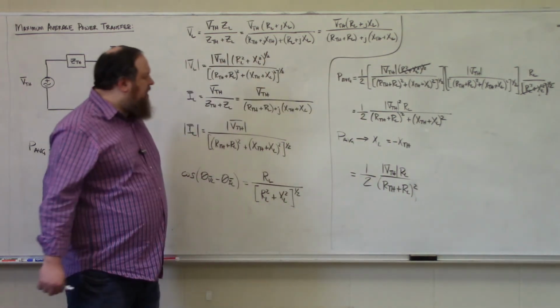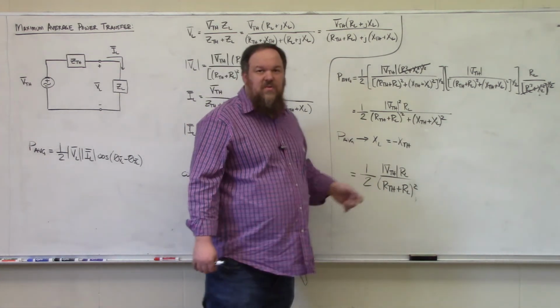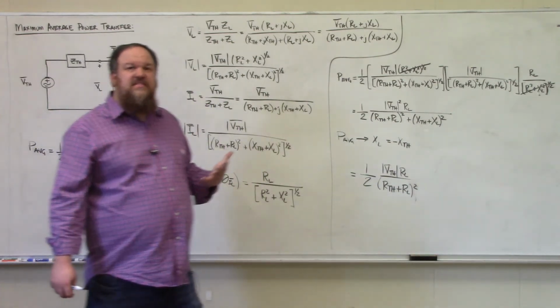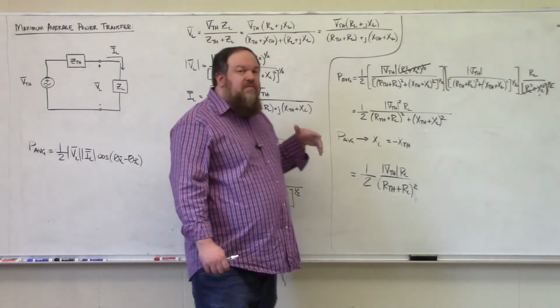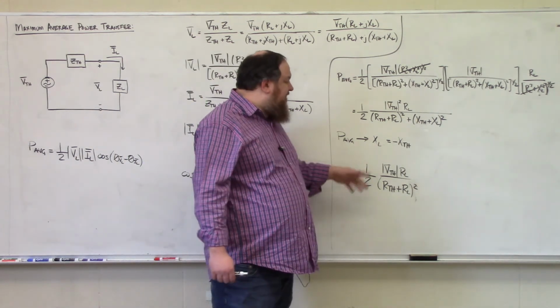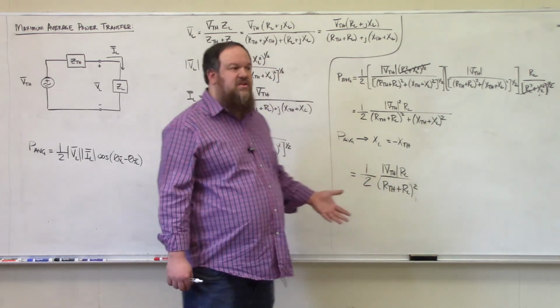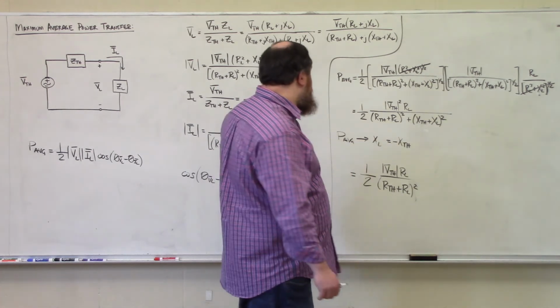Now, this may not look familiar to you, but this is actually, except for this factor of 1/2, the exact same expression that we maximized in our DC maximum power transfer theorem. For that case, we found that maximum power transfer occurred whenever RL was exactly equal to RTH. Since we're maximizing the same equation, we can get to that assumption as well.